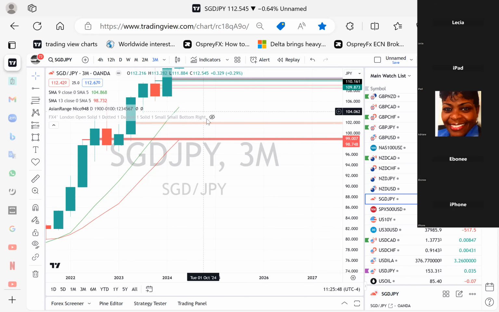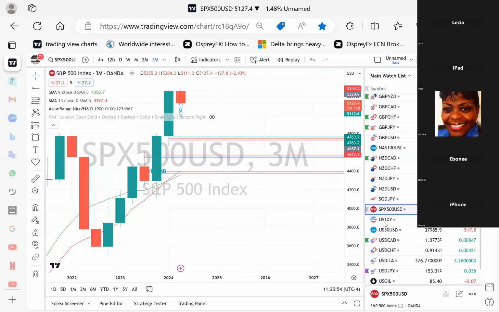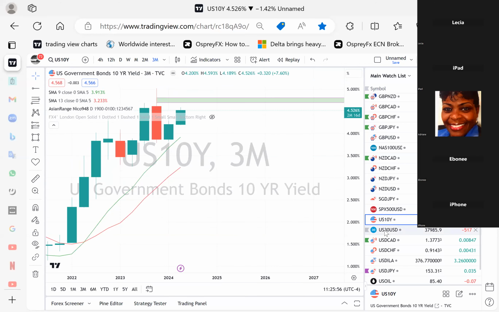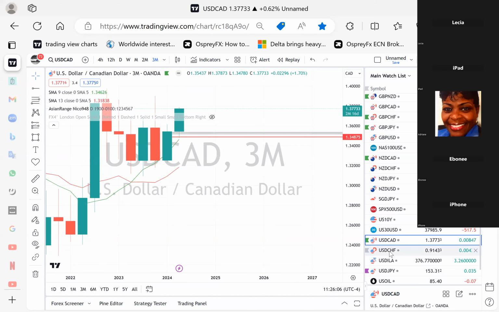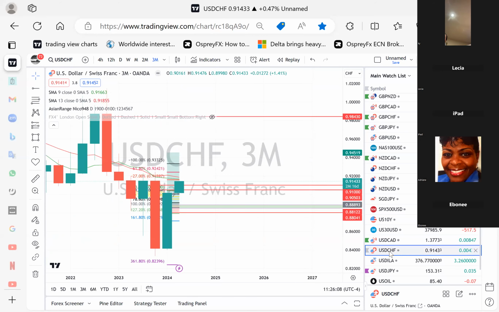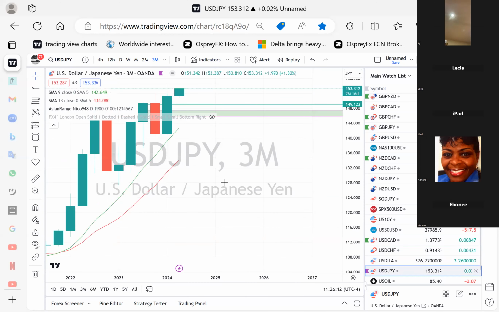So if the pair is doing something crazy, I let it go ahead and be crazy. Be crazy without me. Because I like the pairs. There are plenty of pairs that aren't crazy and they aren't doing the wrong thing. So you mark up what the pair gives you and then you trade it accordingly, right? Or you don't trade it accordingly because it ain't giving you what you need it to give you.